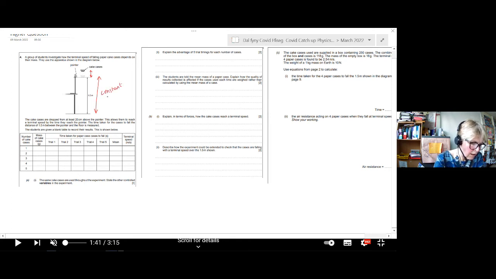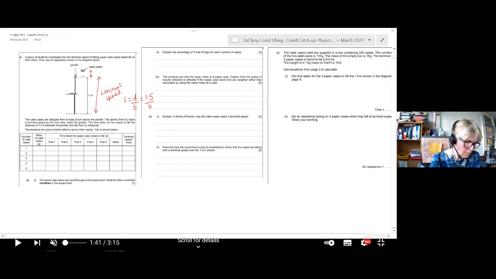And if they are going at constant speed, we can quite simply use the equation speed equals distance divided by time. The distance the cake cases fall is always going to be 1.5 at the top there, divided by whatever time it takes.